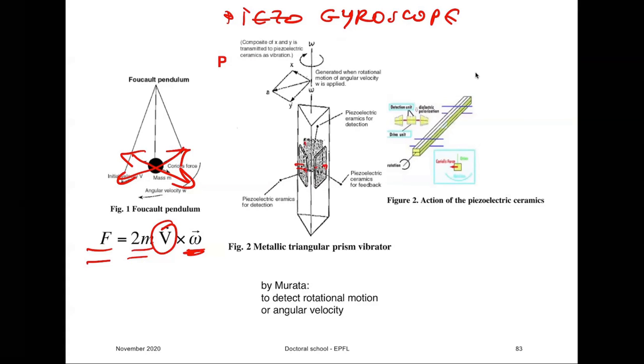The actual gyroscopes made have a different shape, but this is the principle. You can go on the website of Murata, which is one of the largest producers of electrical components in the world, and if you type gyroscope, you will find some discussion and pictures of actual gyroscopes.